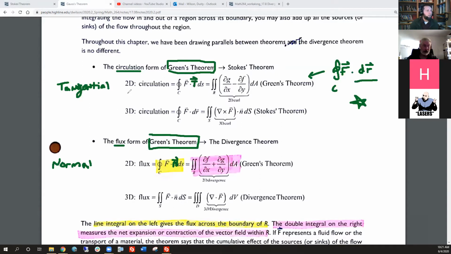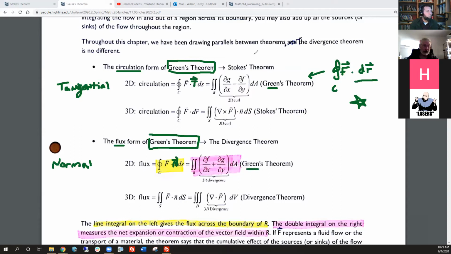So in 2D, we have the circulation form of Green's theorem, which says that the line integral is equal to the double integral, and that's Green's theorem. And in flux, you have the line integral of F dot n equal to the double integral of the divergence, and again, this is Green's theorem.